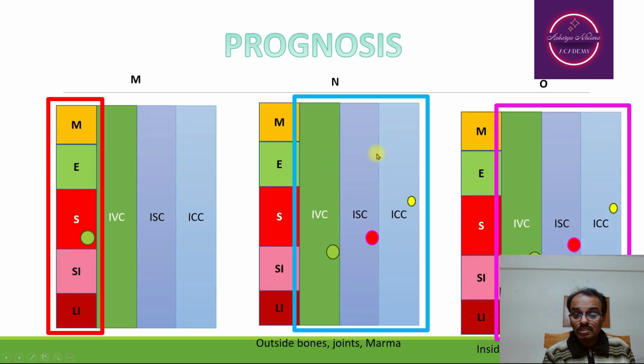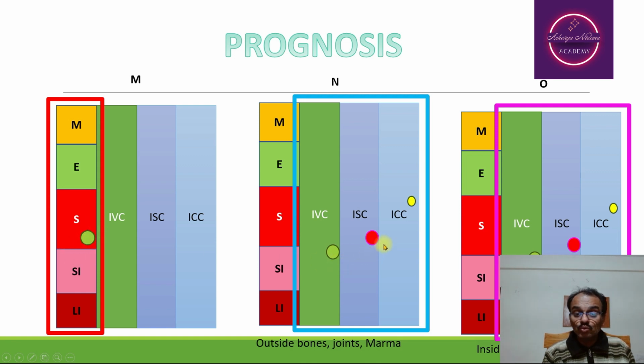Then next about the Srotas, that is the prognosis. When you think about the prognosis, first and foremost, let us say M, N and O, 3 different persons. In M, the pathogen is present only in the alimentary canal.